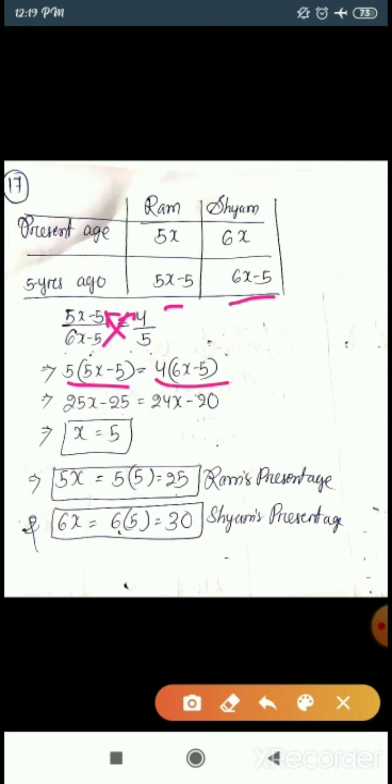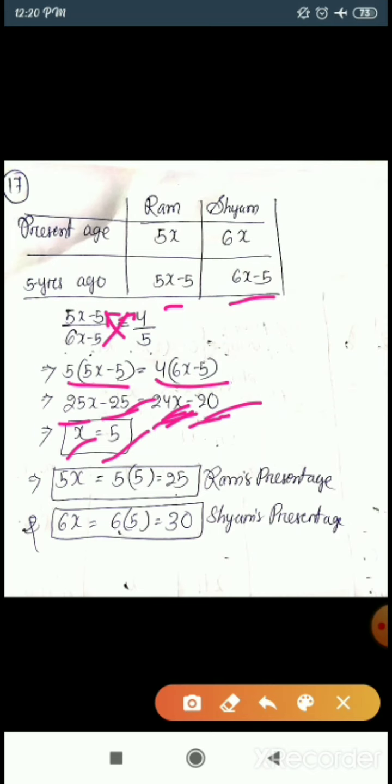So this one equal to 5 times 5x means 25x minus 5 times 5 means 25, and here 4 6s are 24x, 4 5s are 20. Now 25x minus 24x, it is x, and minus 20 plus 25, it is 5. So x equal to 5 we got.